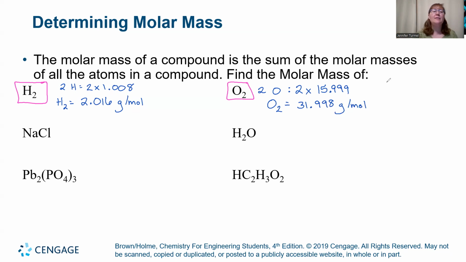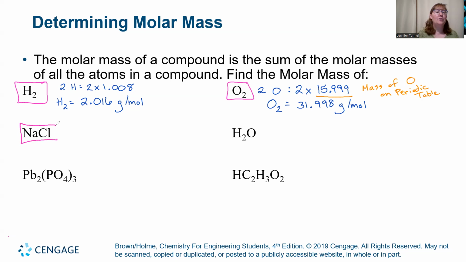So again, you find these values. Sometimes people are confused, but you're going to find this value. This is the mass of oxygen on our periodic table.